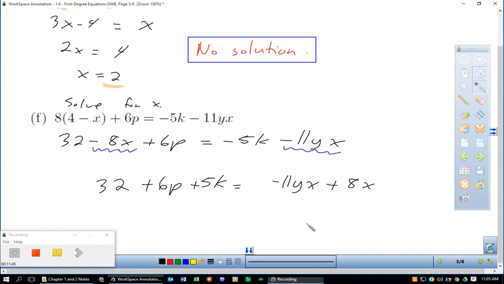Now this doesn't seem like we're a whole lot closer, but if you notice, we can factor out an x here. This is x times negative 11y plus 8.